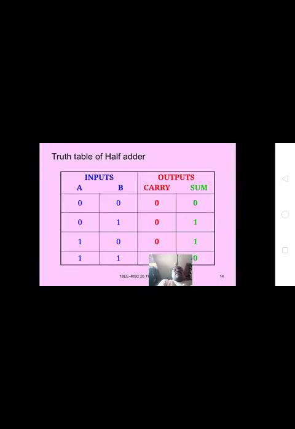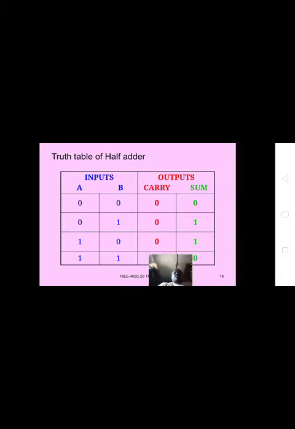Here I have given the truth table also. The inputs for the truth table are 0 0, 0 1, 1 0, 1 1. You may have a doubt about how we get these inputs. We already learned the codes for the data.